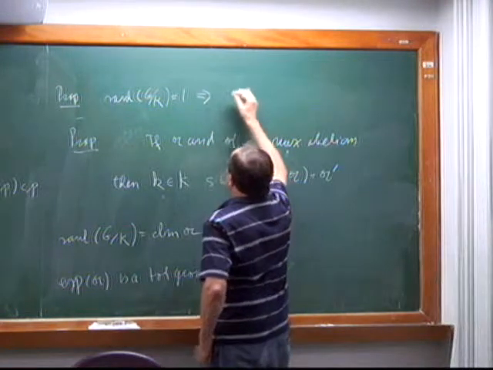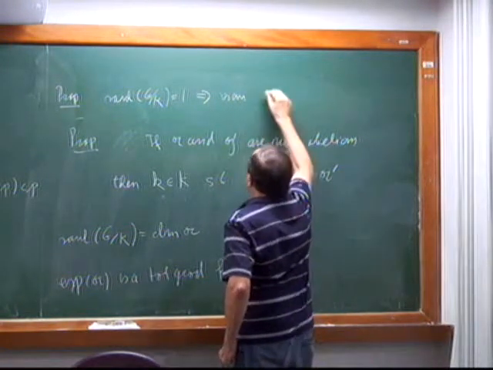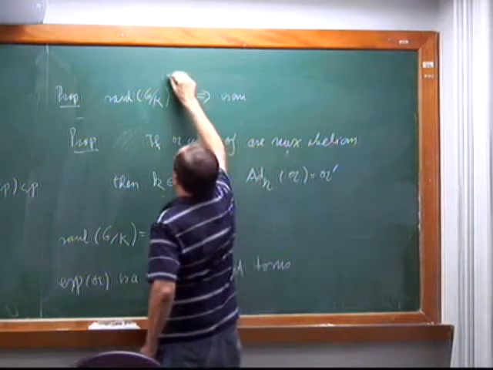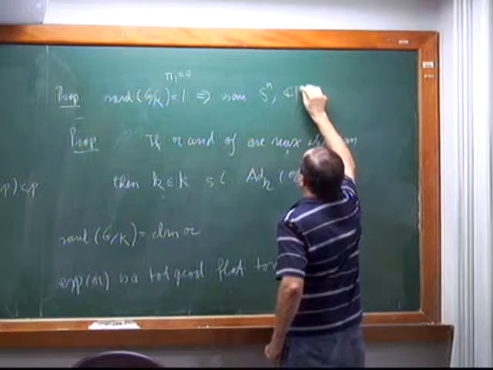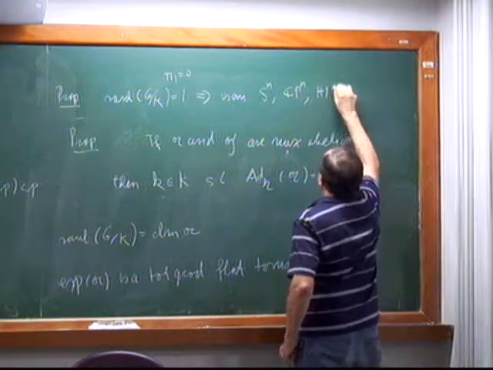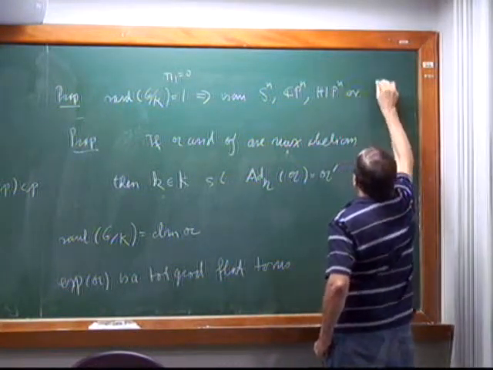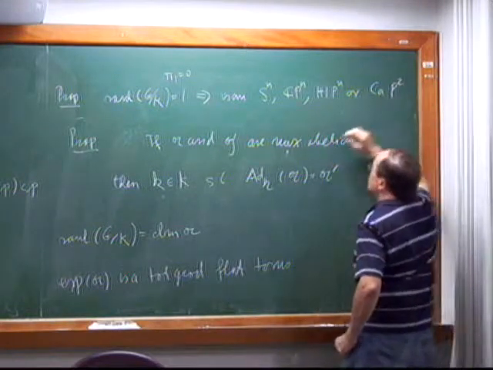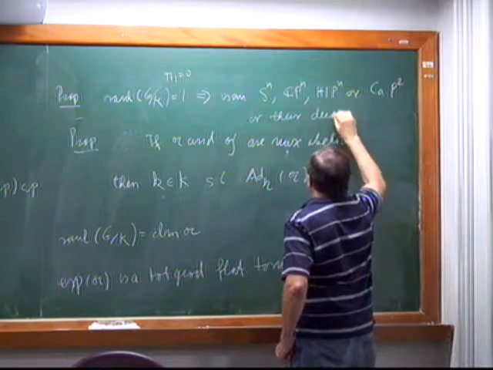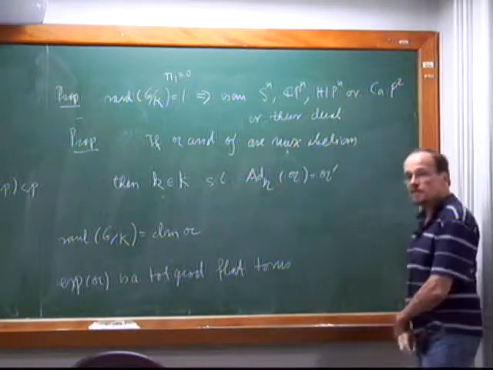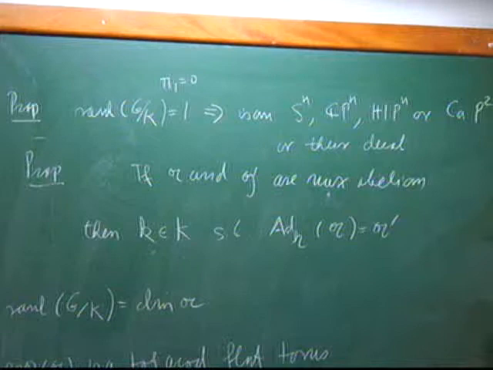Then one can show it's isometric to, if simply connected, S^n, CP^n, HP^n, or something called a Cayley plane, or their dual. But this here will be a hyperbolic space. No dual, that's spheres or hyperbolic space. So projective spaces and their duals are the only symmetric spaces of rank 1. It's an important classification.